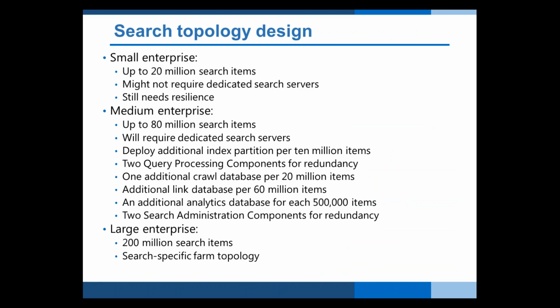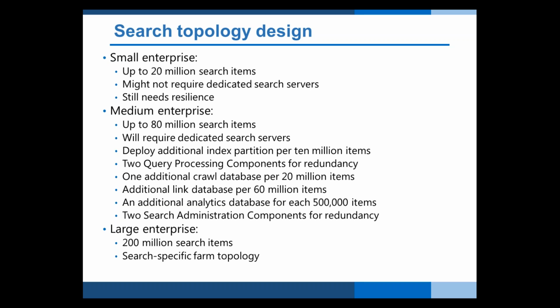Now, as we scale out search, however, other factors may need to be realized. Number one, there are other databases we mentioned before. So such as the small environment, you may not have dedicated search servers. These may be servers that aren't in your farm. Medium-sized organizations, we may need to start thinking, though, scaling things out.